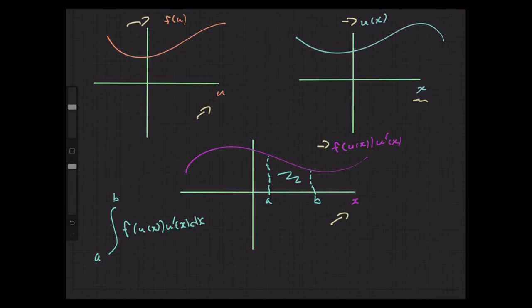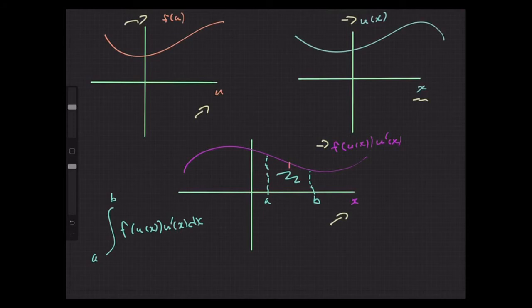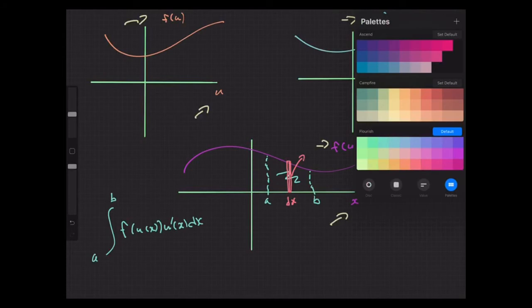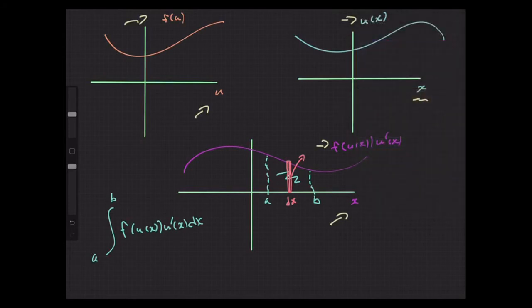We can think of this, and I'll do an entire video on Riemann sums and the theory behind integration, but very hand-wavily, as an infinite sum of infinitely thin line segments with infinitesimal width dx and height f of u of x times u prime of x.